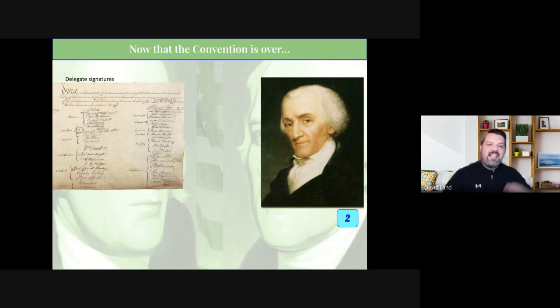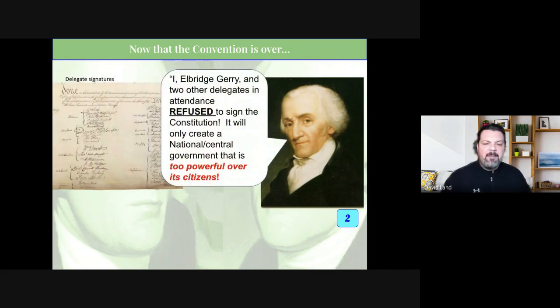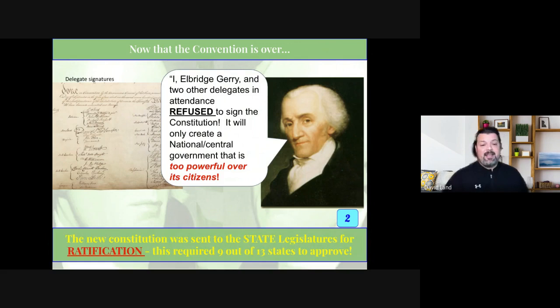So here on the left, you see the signatures of the men on the Constitution who agreed to ratify it. And here on the right, you see a very serious looking gentleman by the name of Elbridge Gerry. Now, despite the overall success of the Constitution, some of the delegates did not agree to sign the Constitution, and they felt that it was too powerful over its citizens, and this concerned them.